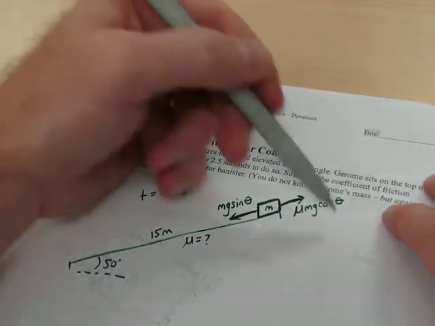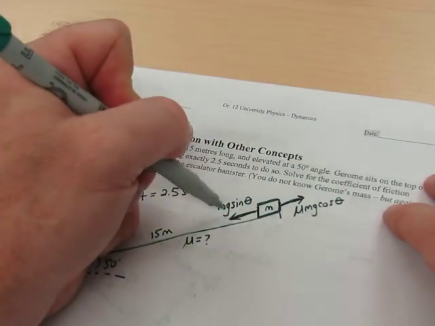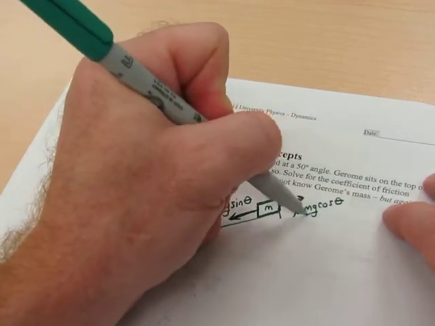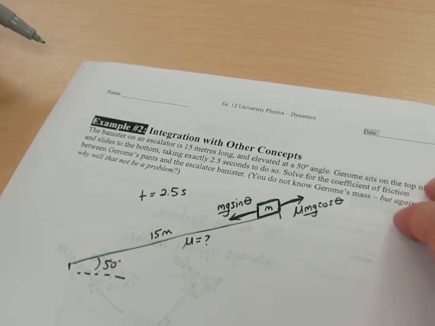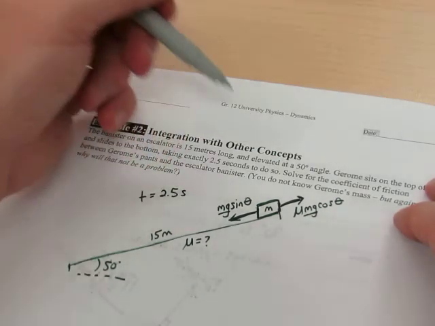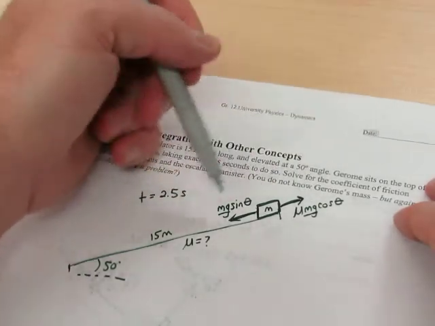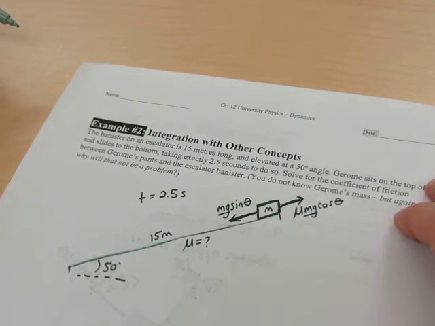Again, something you can memorize. This mg is the force of gravity. The sine and the cos is from breaking the force of gravity into components in the previous diagram at the start of all this. But you don't have to go back to that. You can jump right to these two results when you're dealing with ramps.